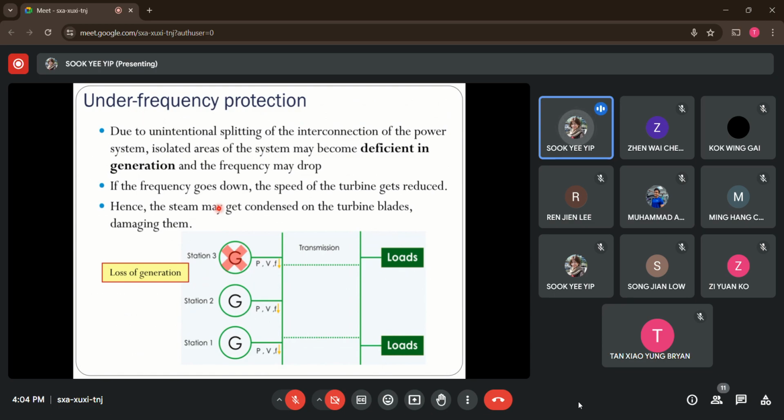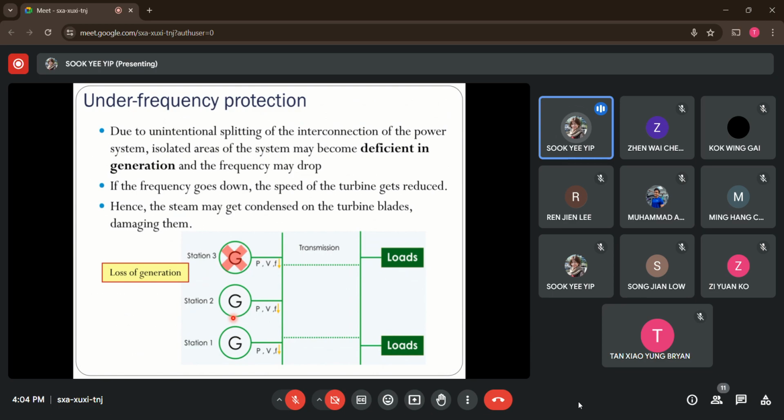At the same time, if we have this issue, instead of three, we have two generators. Now, the steam supplied from the speed governors might become too much, so it will be condensed on the turbine blades. So these high volumes of steam might cause damage to the turbine blades as well. So this is actually the issue we have right now. Now we have lower power generation.